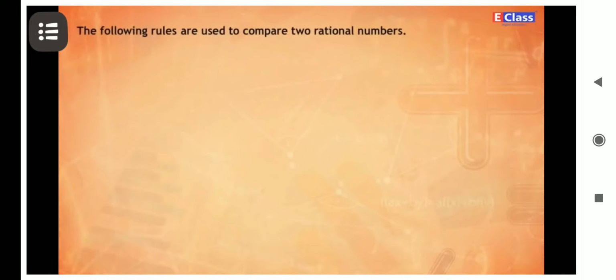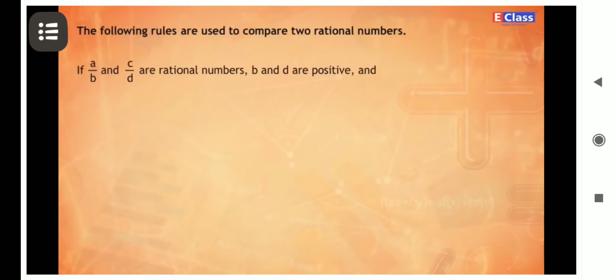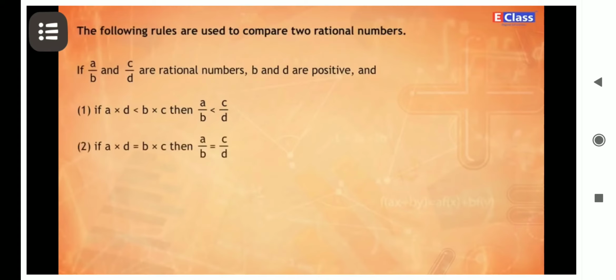The following rules are used to compare two rational numbers. If A by B and C by D are rational numbers such that B and D are positive, then 1. If A multiplied by D is less than B multiplied by C, then A by B is less than C by D. 2.